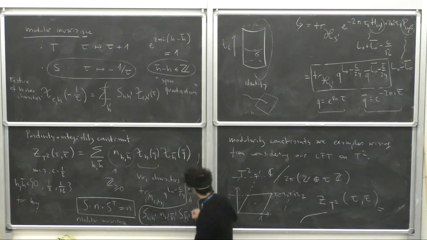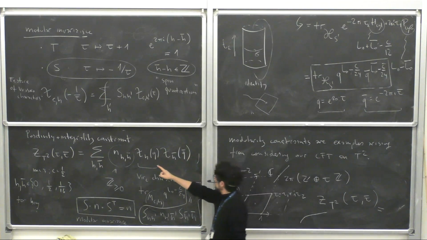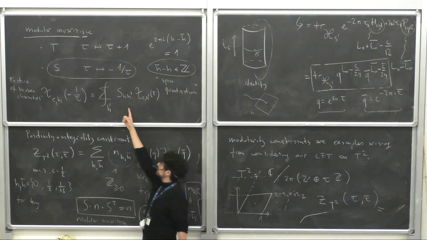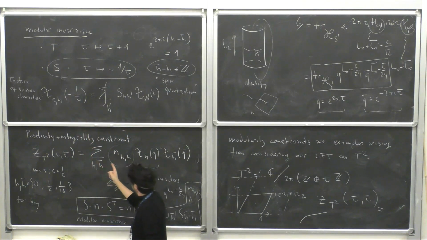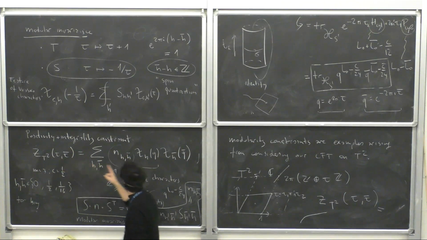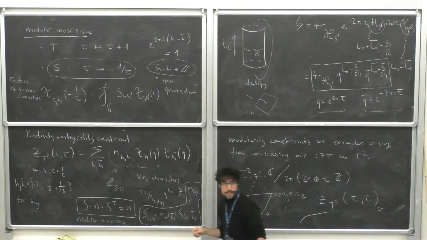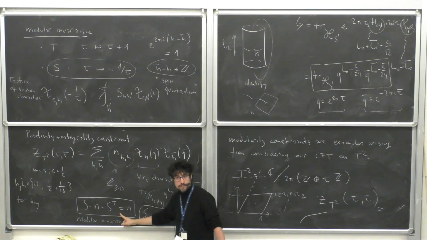Each of these characters will pick an S from this transformation. We are mapping tau into minus 1 over tau, and tau bar into minus 1 over tau bar, and we want this expression to stay invariant. This happens only if this equation is satisfied, okay?